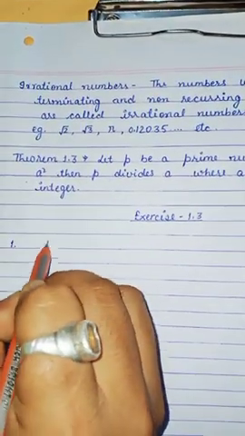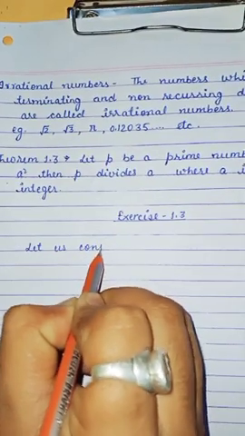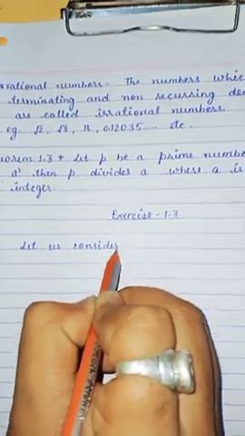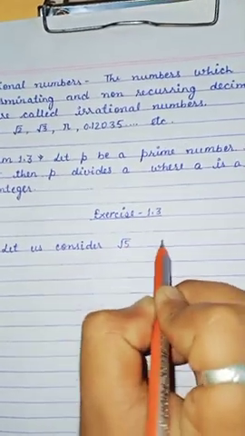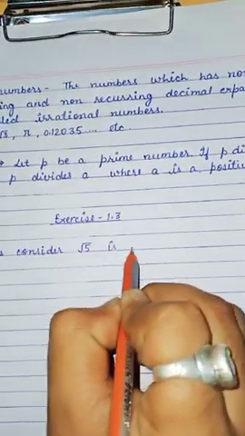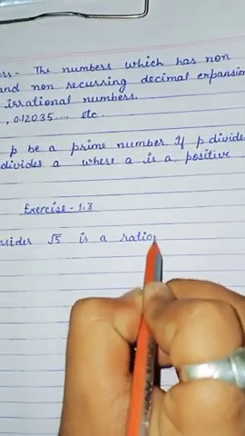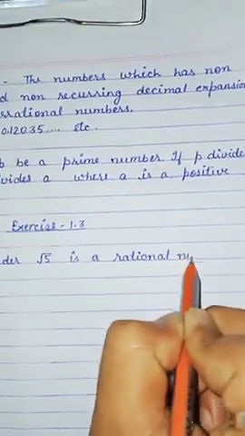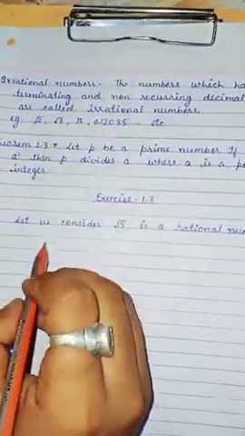So let us consider root 5 is a rational number.